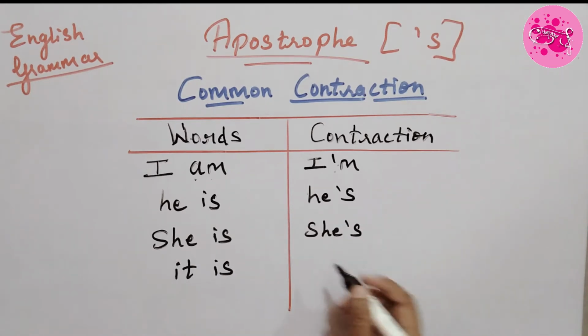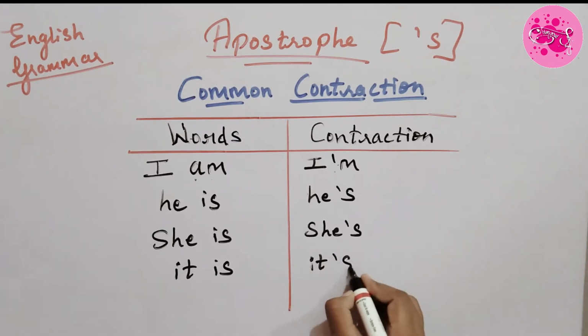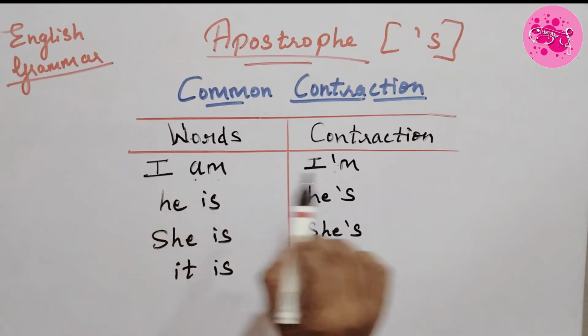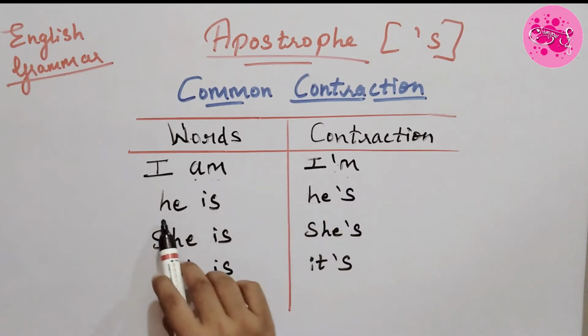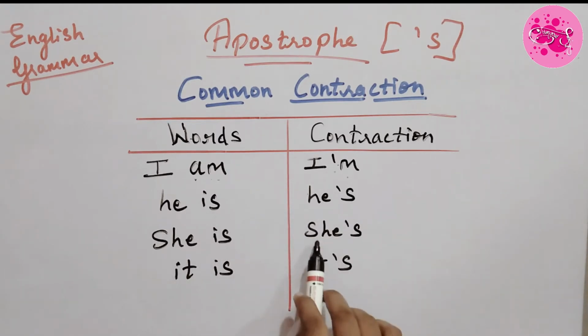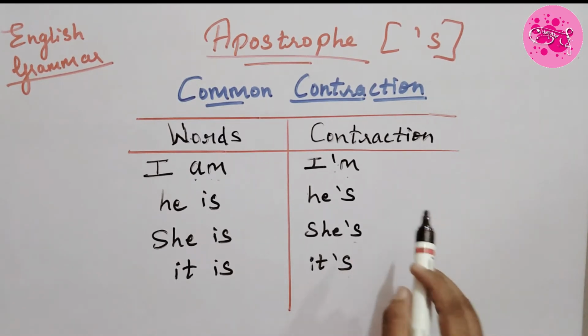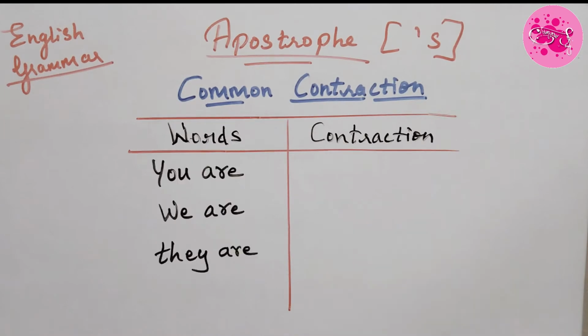It is, it apostrophe s. So words like I am will be I'm. He is will be he's. She is will be she's. It is will be it's. Understood the pronunciation? Now let's move further.